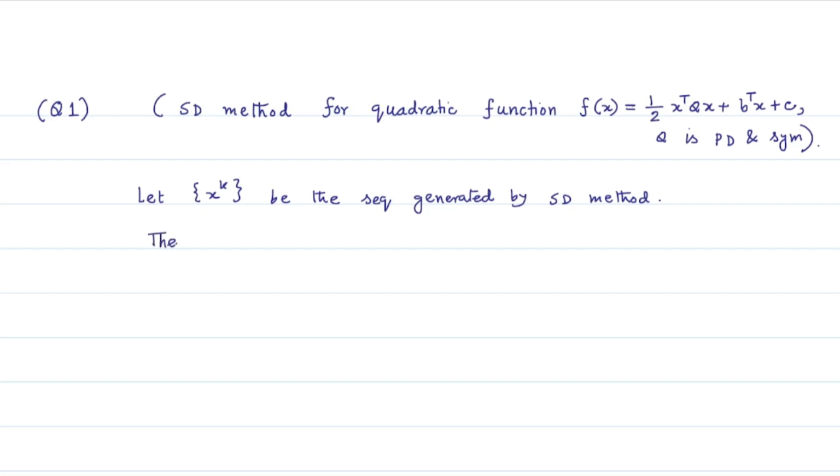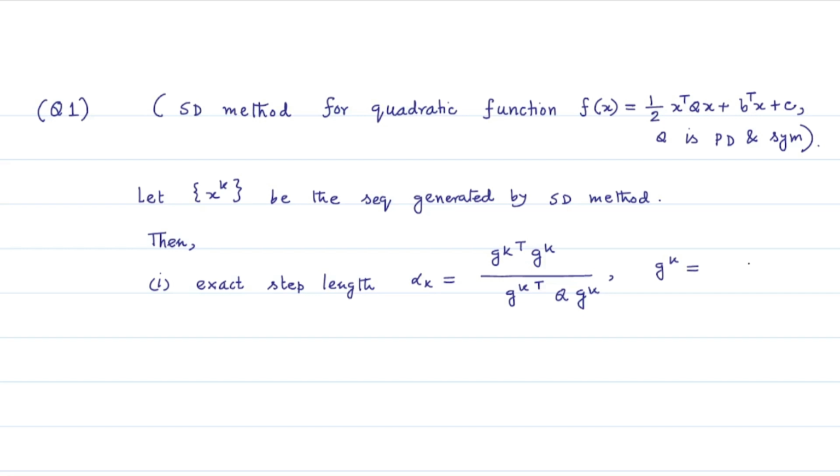Then you please try to show that the step length given by the exact line search, alpha k, is given by gk transpose gk divided by gk transpose Q gk, where gk is a common notation in optimization methods that denotes the gradient of f at xk.